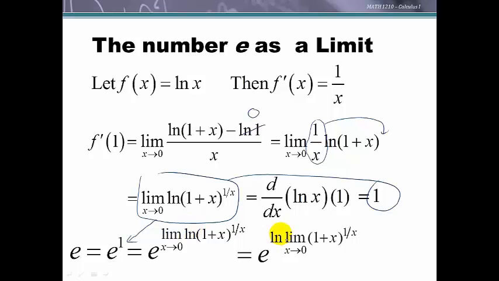But e and ln are inverse functions and they undo each other, and so we are left with the limit as x approaches 0 of the quantity 1 plus x raised to the 1 over x power. Now what we started with here was e, and what we ended up with is this limit. So we can express the number e as this limit.